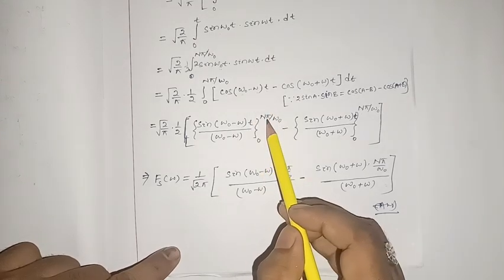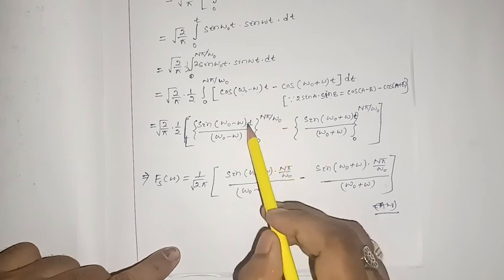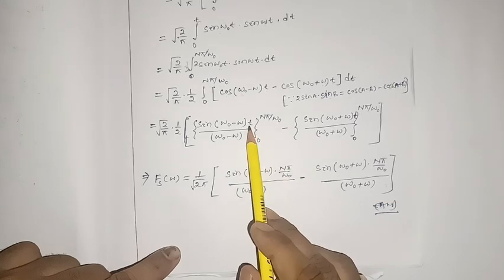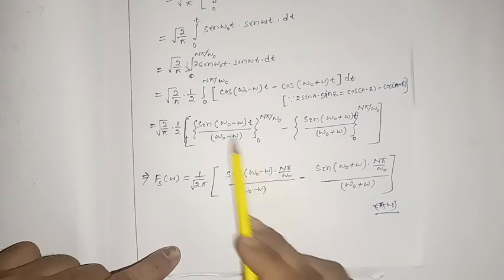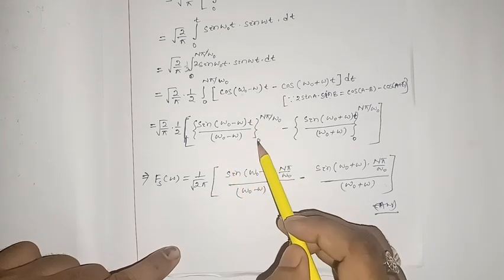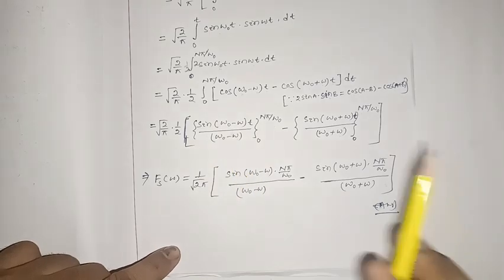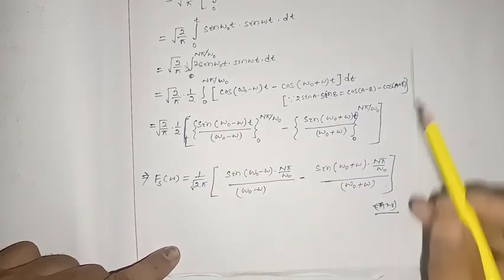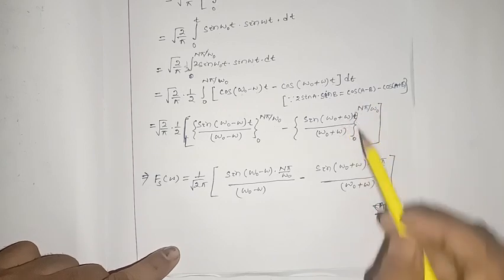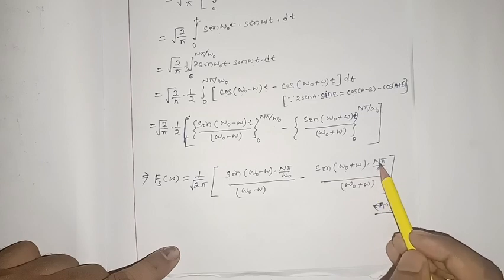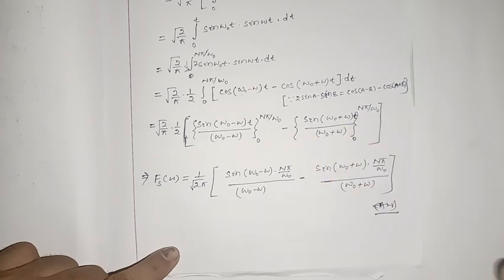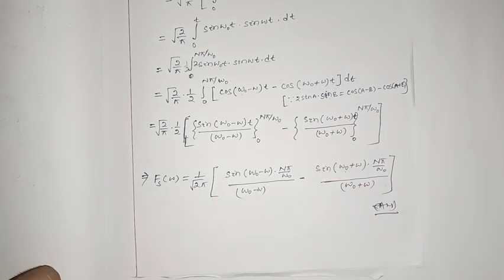If I substitute n pi by omega naught, the first term will be sine of omega naught minus omega, instead of t we write n pi by omega naught. Then for the lower limit, if I put t equal to 0, then the value will be 0. I have not written it over here. Then minus, for the upper limit I substitute, it will be sine of omega naught plus omega times n pi by omega naught. Then minus, if I put 0, then the term will be 0. So this will be the answer.